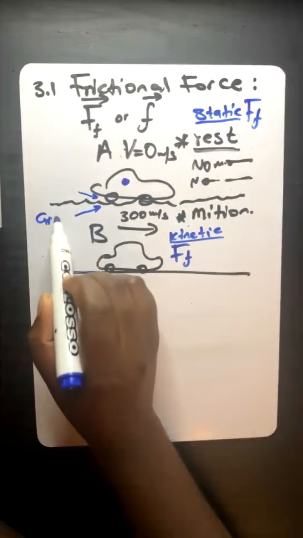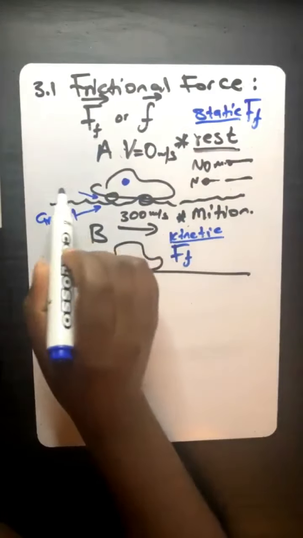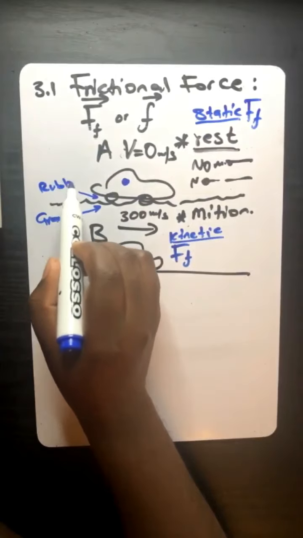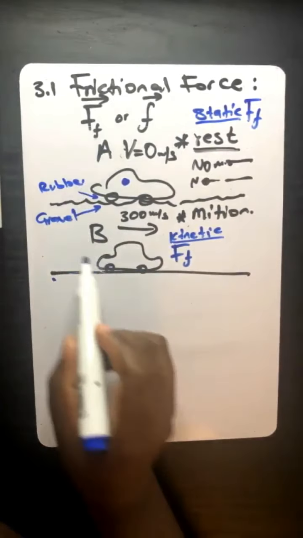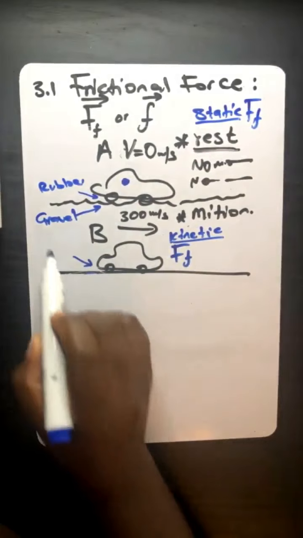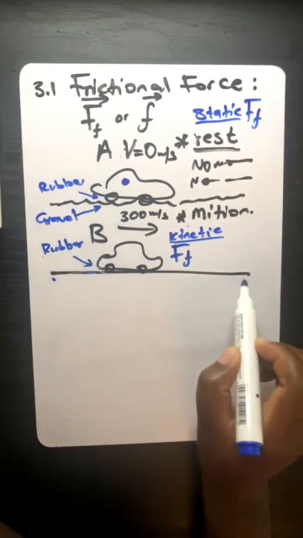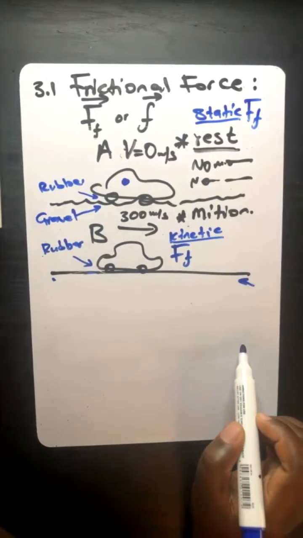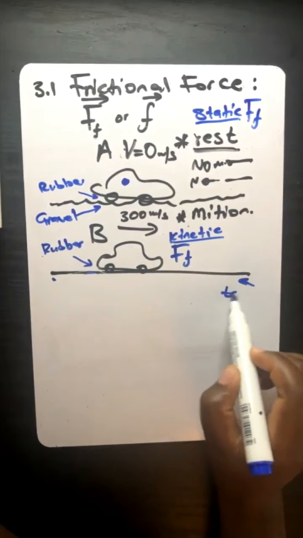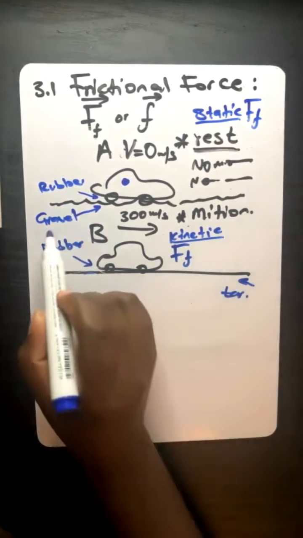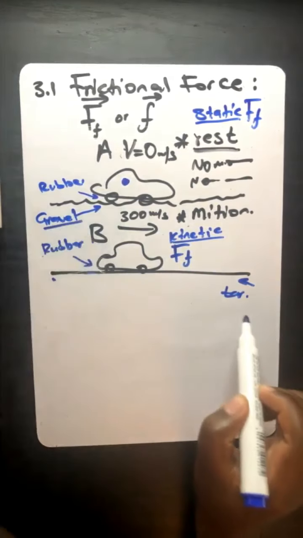So the surface is gravel and the tire is rubber. Ladies and gentlemen, in case B, we've got the rubber again, which is the tire in this case. But the surface here is not gravel, but tar road.